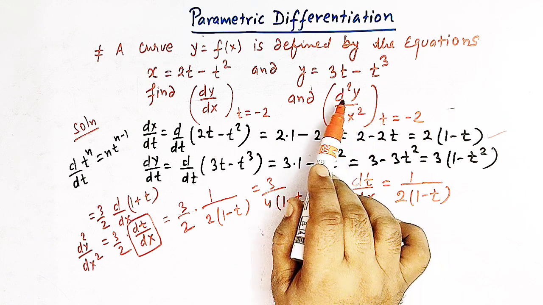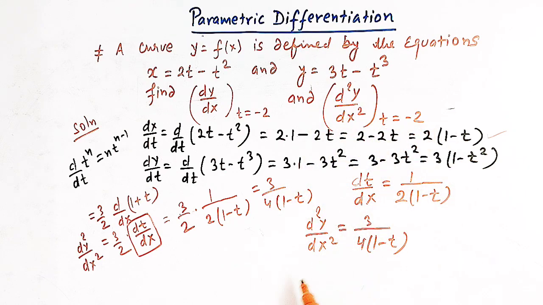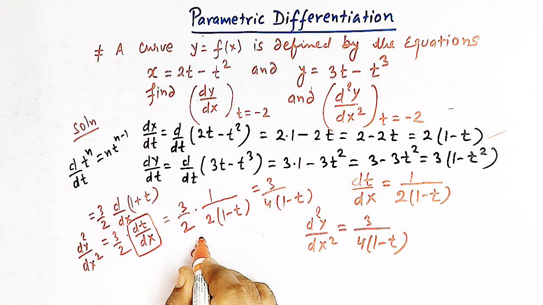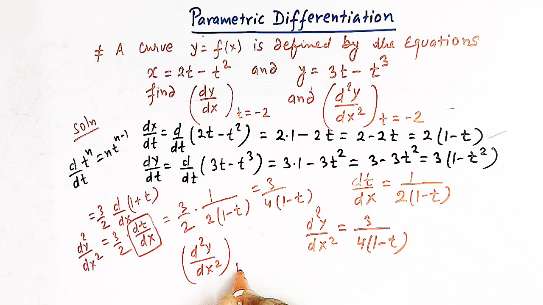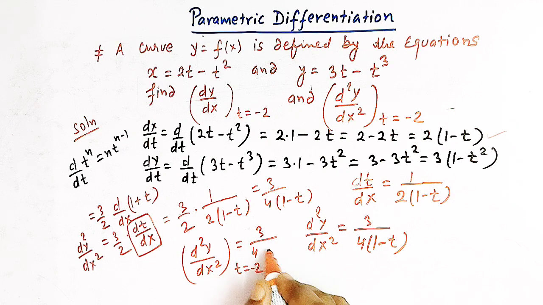And we have to find the second derivative at t is equal to minus 2. So substituting t is equal to minus 2 in this expression, we have 3 over 4, and here we have 1 minus minus 2, right?